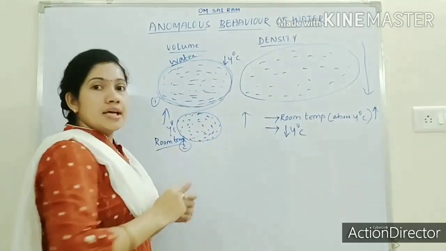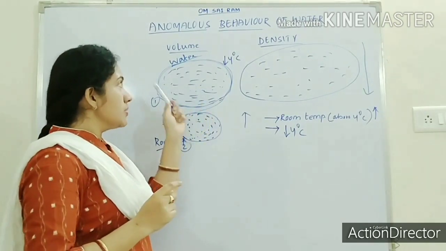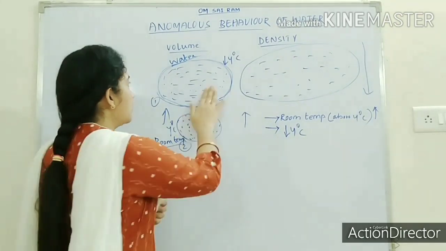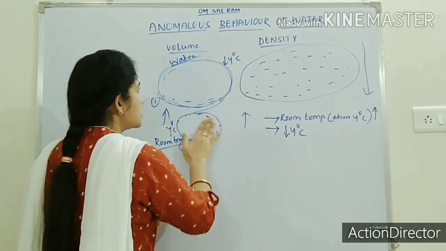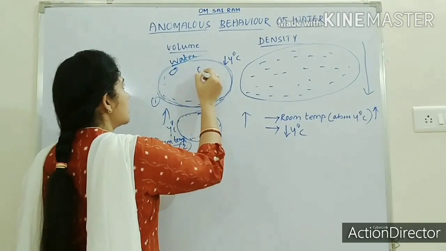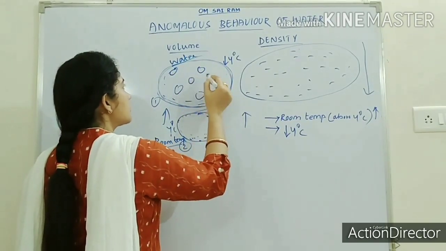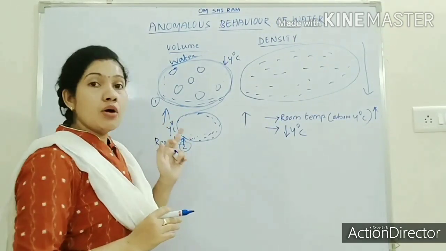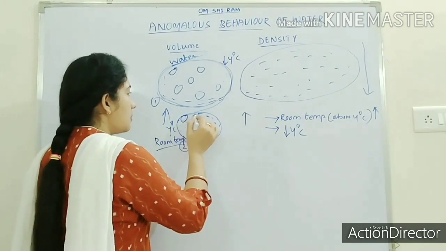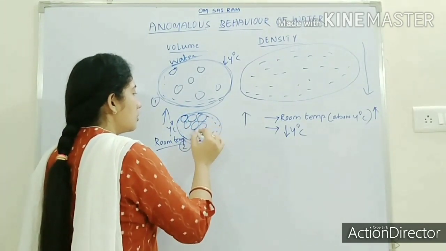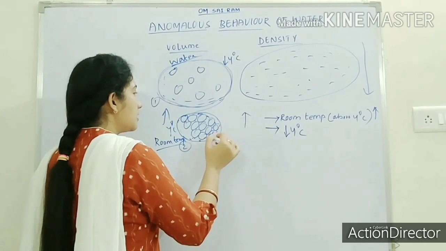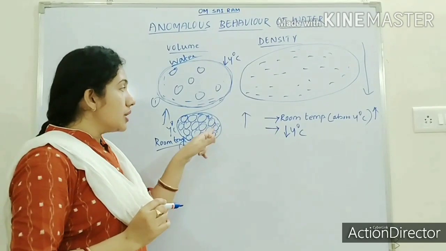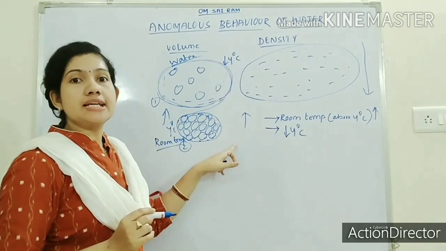The same here, I am giving the example. When water is in its original volume, this is how the particles are arranged. Let me show you the arrangement of particles like this. When they are in their normal state and we allow it to cool at room temperature, the particles come closer to each other so that they reduce their volume, and when volume reduces, density increases.